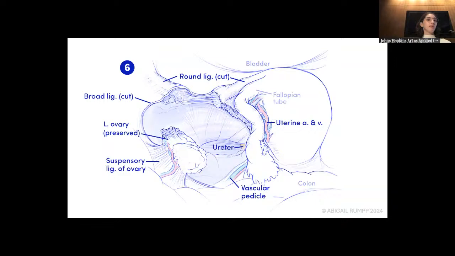I just think how you illustrated this is fantastic, because I don't think I've ever seen anyone try to illustrate the retroperitoneum and what happens here, the layers you have to get through to identify the ureter, and how the round ligament is separated, but we haven't gone through the anterior.